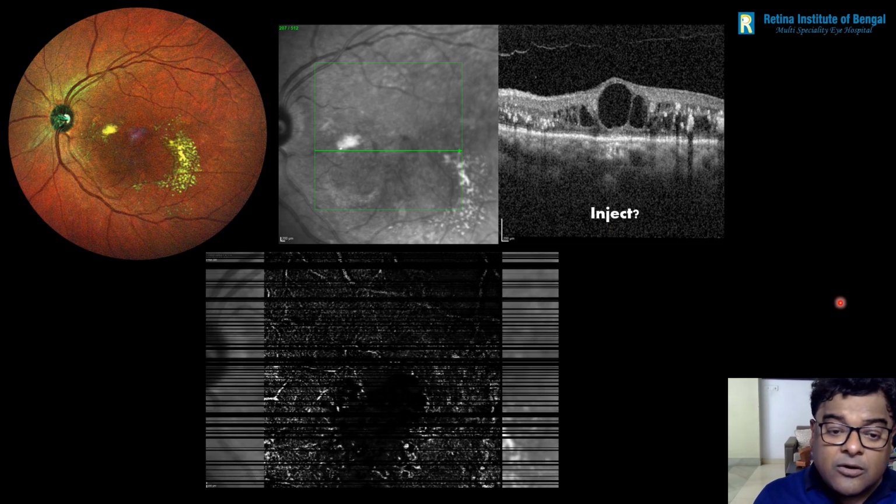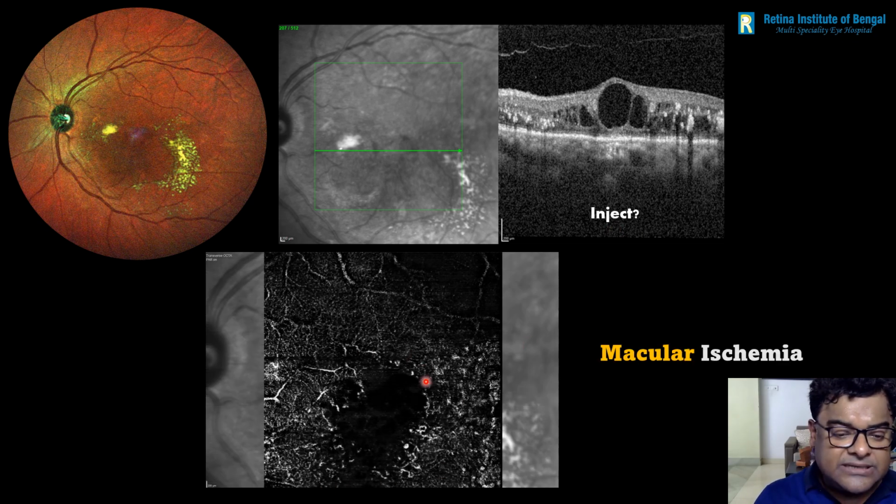But when you look at the on-face image of the deep vascular complex, you see this large distortion of the foveal avascular zone with capillary dropout. So this tells you that there is macular ischemia, and now you must talk to the patient and counsel him separately and not consider him or her just as an ordinary case of macular edema.